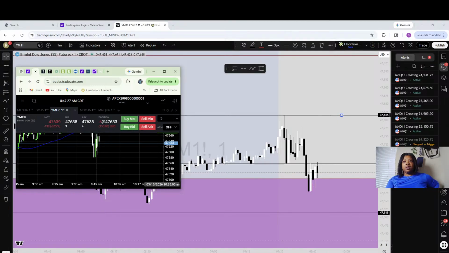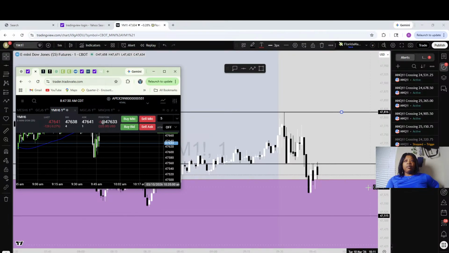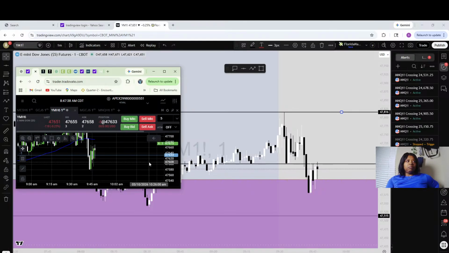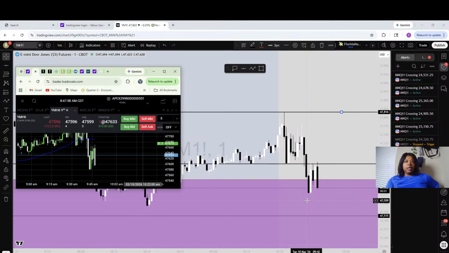Okay, it's fighting in this fair value gap area. I'm gonna come out and then see what happens. It's looking like it wants to run up. I was really expecting it to at least come and hit the demand. This is a demand zone, demand area.